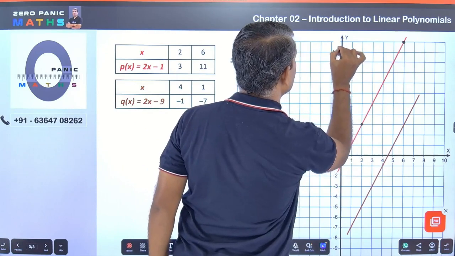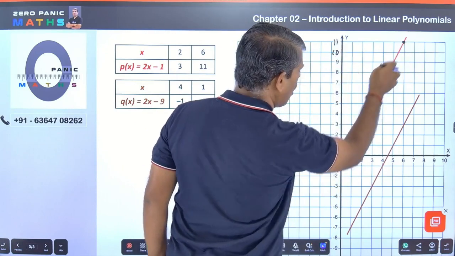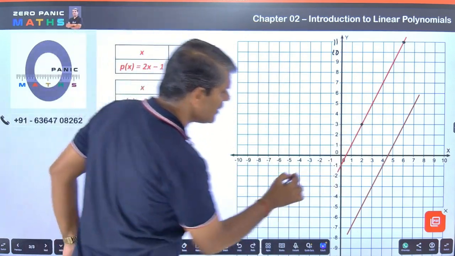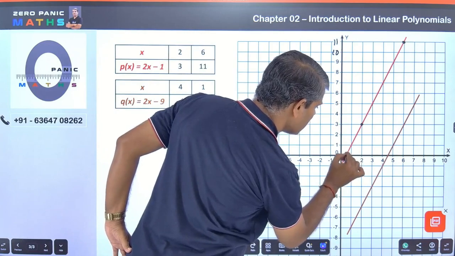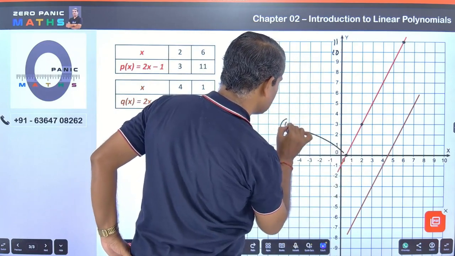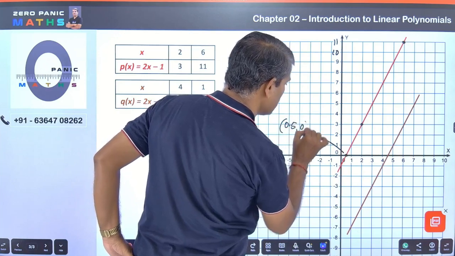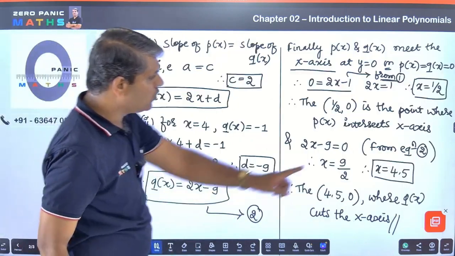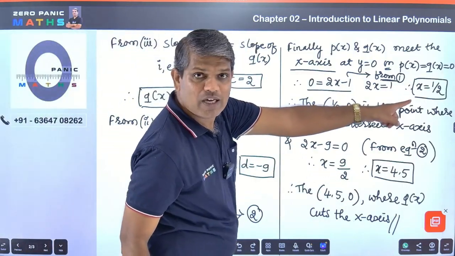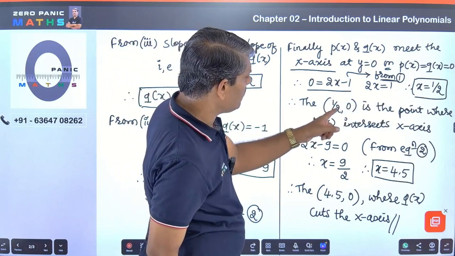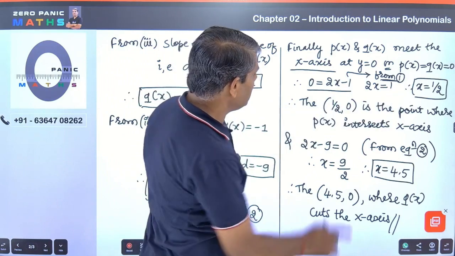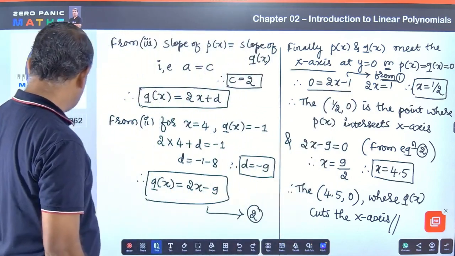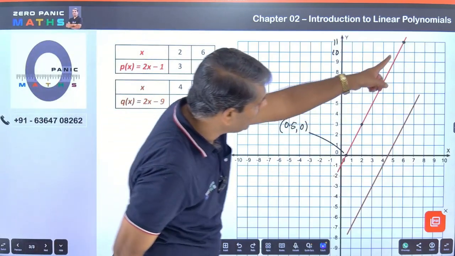If you draw the line and extend that line, you see that this is cutting the x-axis at half, right? 0.5 and y is equal to 0. Is it cutting this? And that is what we have found theoretically also: (1/2, 0), where 2x minus 1 cuts the x-axis.